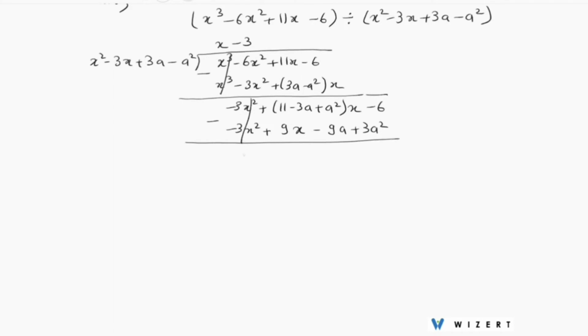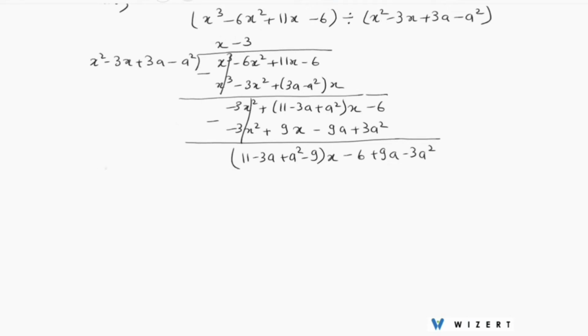So now we have eliminated the x square term and we have 11 minus 3a plus a square minus 9 x, and then minus 6 plus 9a minus 3a square. Now since the degree of the remainder is smaller than the degree of the divisor, we cannot divide it further. So this is the final remainder and this is the final quotient.